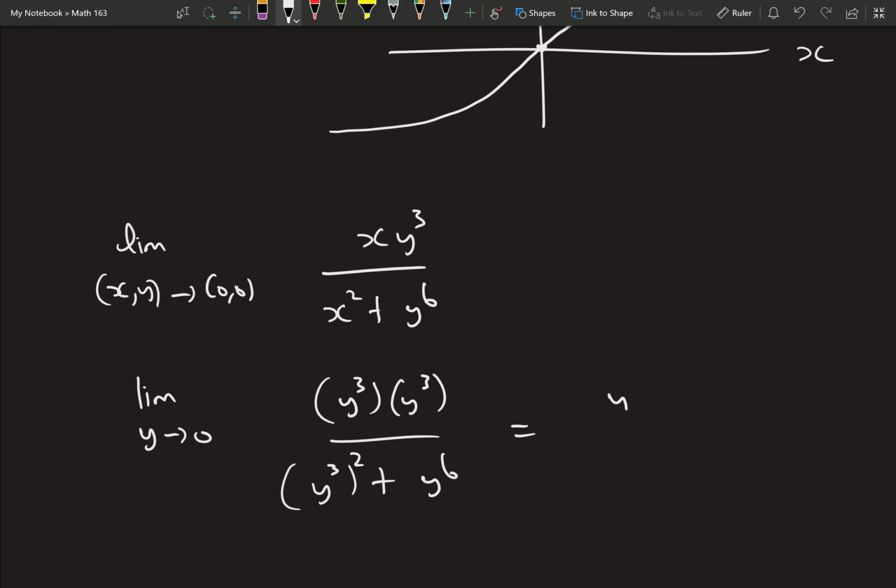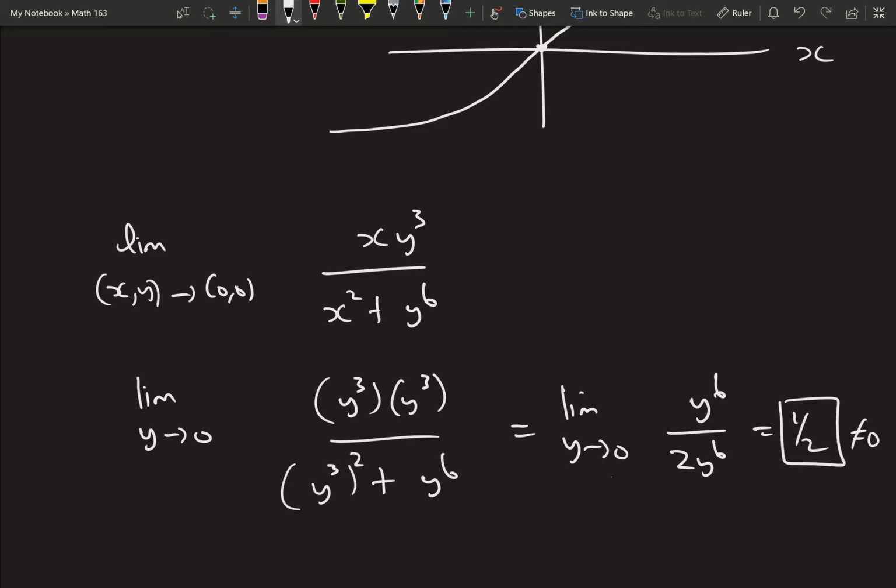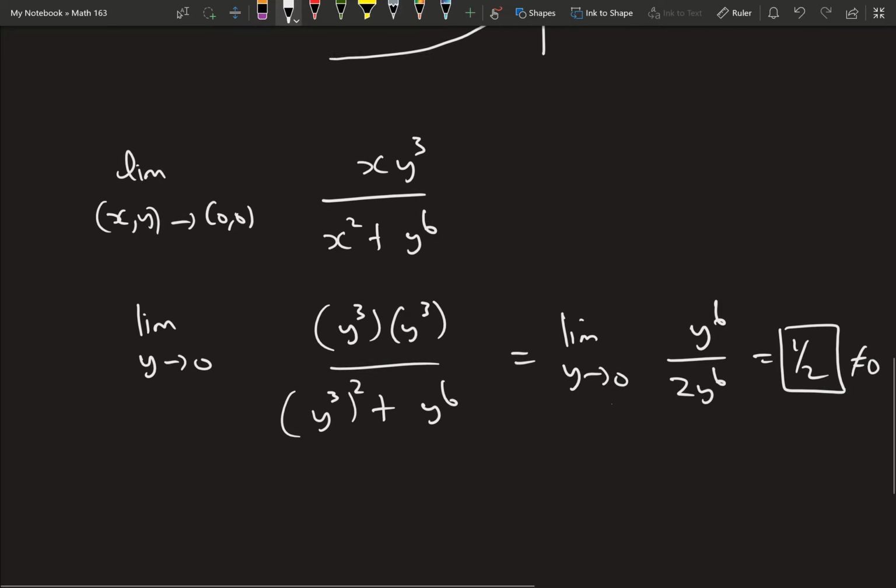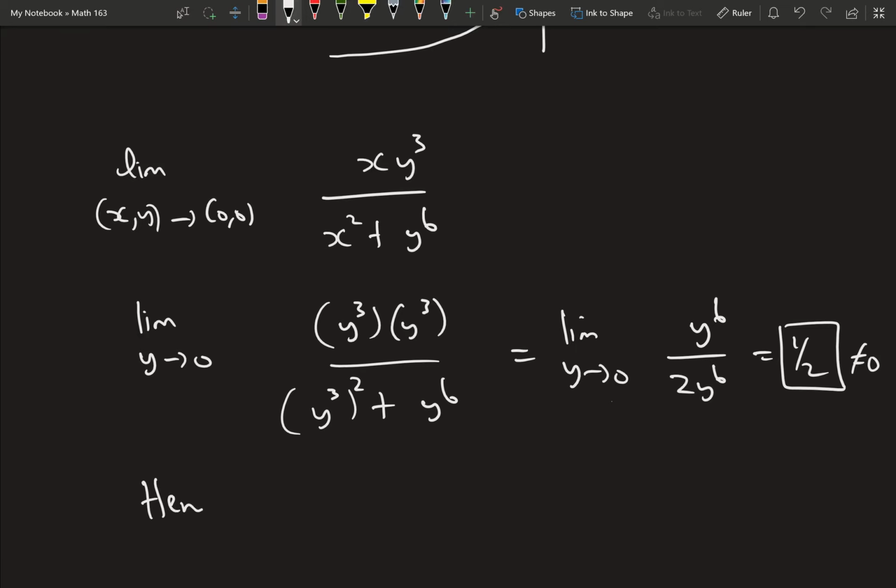And what we get here is y to the 6th over 2y to the 6th. Oops, with the limit. Let me rewrite that. So we have the limit as y goes to 0 of y to the 6th over 2y to the 6th. And this is 1/2. And that's different from 0 because all the other paths gave 0. We got different paths leading to different limits, so hence the limit overall does not exist.